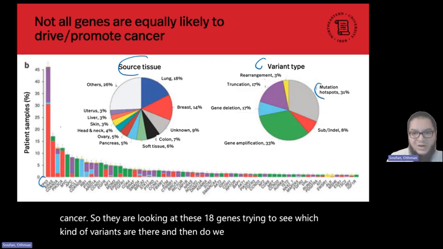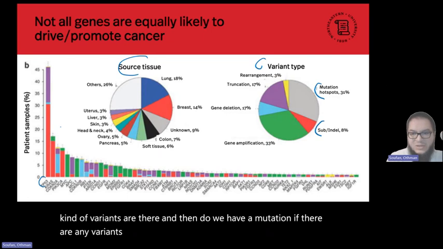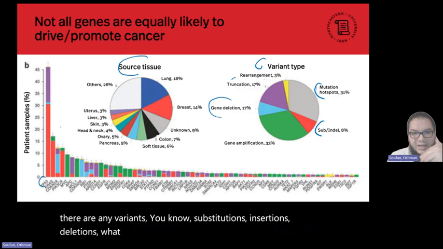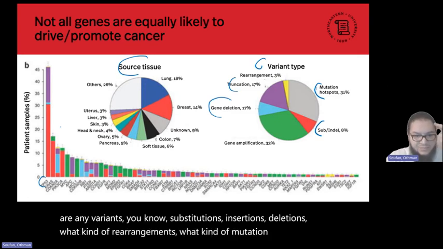So they're looking at these 18 genes, trying to see which kind of variants are there, and then do we have a mutation? If there are any variants, substitutions, insertions, deletions, what kind of rearrangements, what kind of mutations are we having there?